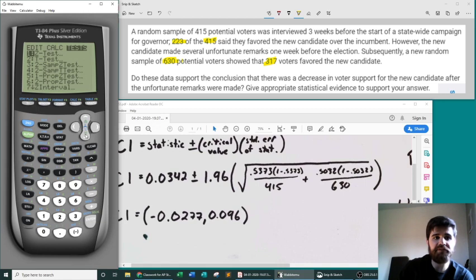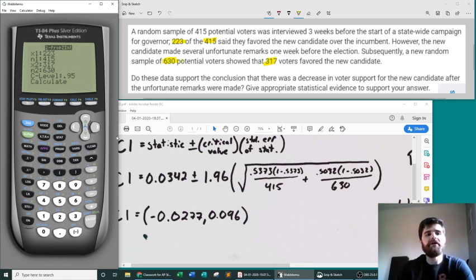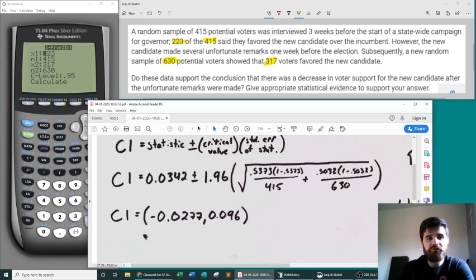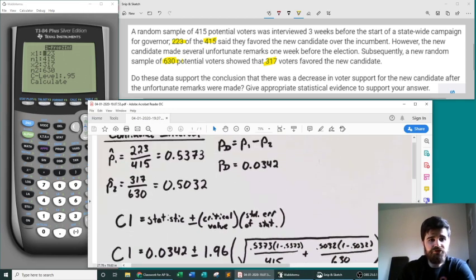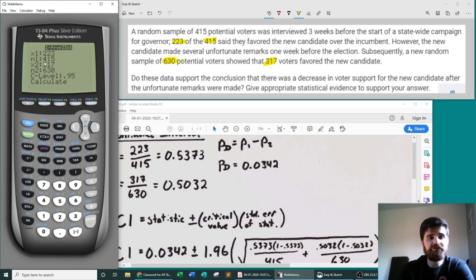Okay, so we go to stat tests, this menu that we've used quite a few times. So stat over to tests, and we're doing a 2 proportion z interval. We've got 2 proportions we're working with, and z is our critical score, or critical value. When you get to this menu, it's going to have you put in the raw stats. 223 successes out of 415 in the first sample.